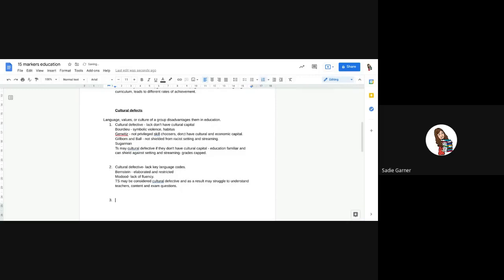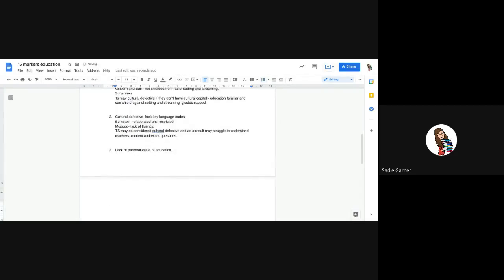Okay, paragraph 3, again, the definition of culture is values. So we're going to argue here that some groups may be considered culturally defective if there's a lack of parental value of education, that there's an issue with parents valuing education.